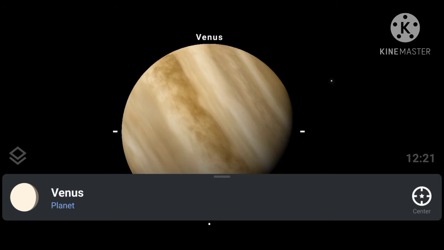The Venusian atmosphere is so thick that the light from the sun is reflected by it, causing it to be one of the brightest objects in the solar system as viewed from Earth after the moon.